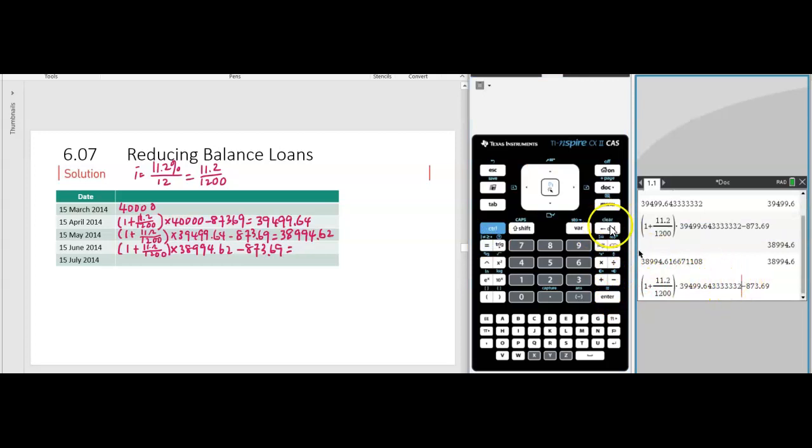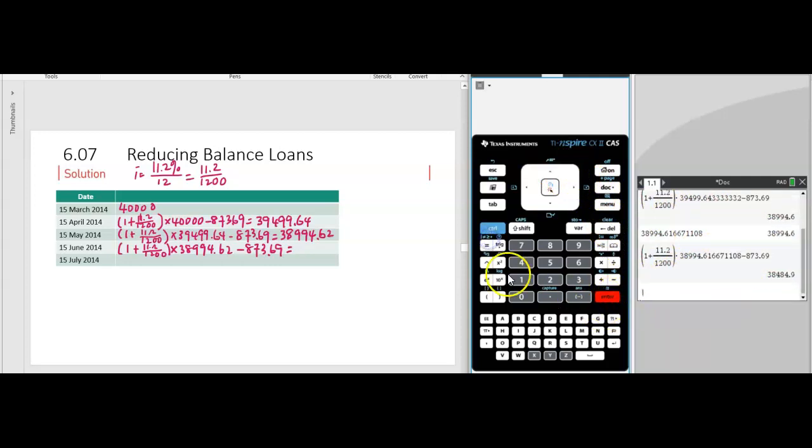I deduct whichever is not relevant and ask my calculator to copy the previous value. Either this or this, it doesn't matter. They will calculate for you. Again, I need to get 2 decimal points. So the value now is 38484.88.